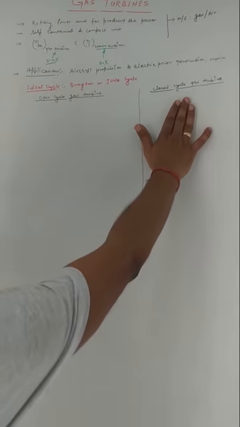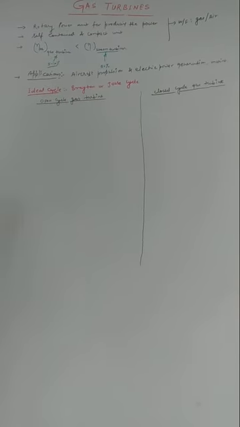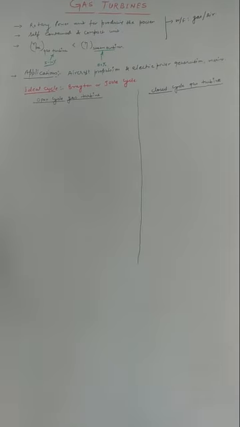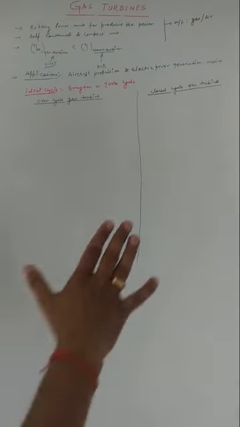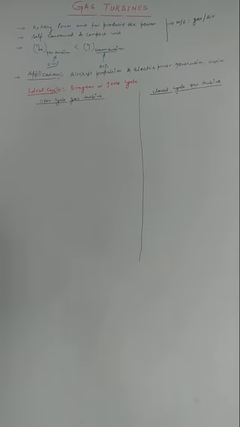That means the working fluid which enters is thrown out after the expansion in the turbine into the atmosphere. But in case of closed cycle, the working fluid always remains in the cycle, and there is a complete thermodynamic cycle in which the working substance once enters and is recirculated.